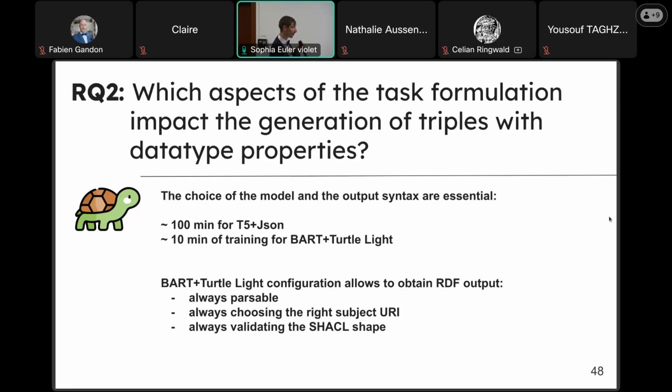Aside from it, the BART on Turtle Lite configuration allows us to obtain RDF outputs that are always choosing the right subject, and finally, the graphs produced are always validating the SHACL shape.